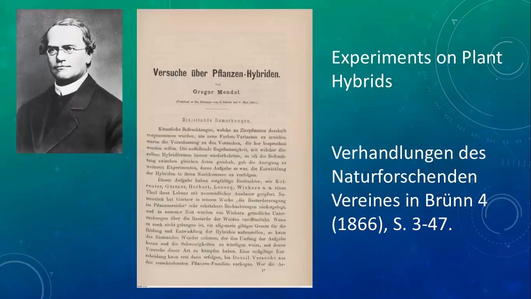Now let's get back to Mendel. So after these seven years of hard work and a lot of statistics and deducing his models, he finally presented the results of his experiments and also his model of inheritance, first in a talk and later in a paper based on the talk, which in German was called Versuche über Pflanzenhybriden.